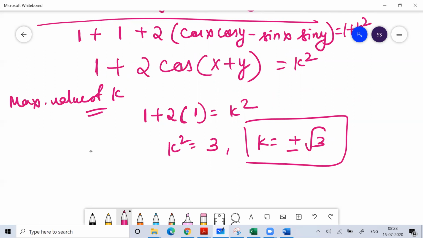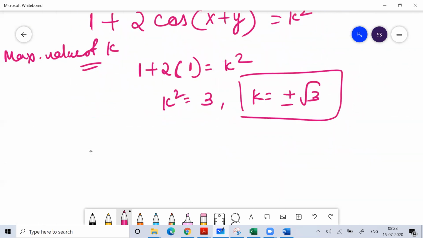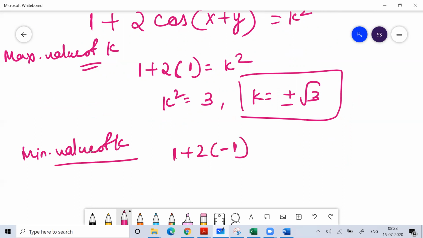And then what I can do, I can find another expression, find the minimum value of k. So for that, I'll put this as -1. This is k square. So you'll get 1 minus 2, means you'll get 1 minus 2. 1 minus 2 is -1. K square is equal to -1.